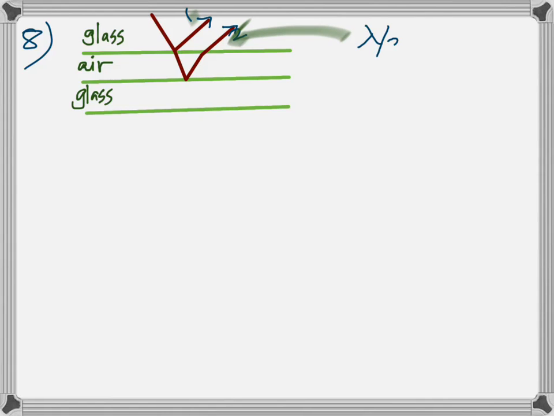So it's in the second one that there is an additional path difference. So now you're going to say 2nt plus lambda by 2. Because already the second ray has a path difference of 2 times nt, and in addition to that it jumps by lambda by 2. So that's why it's 2nt plus lambda by 2.